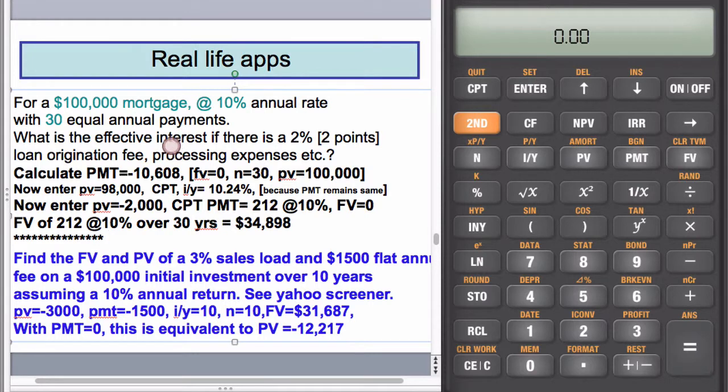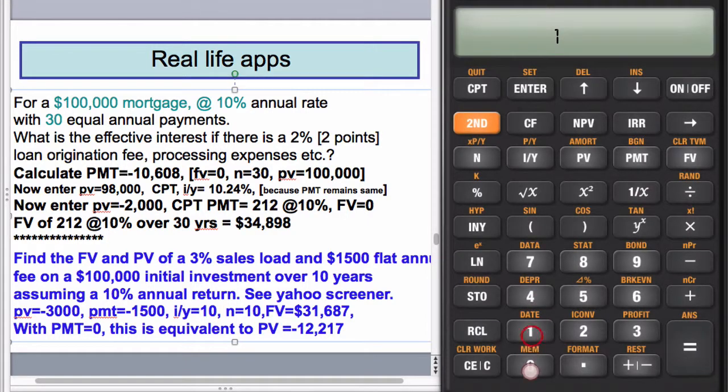But anyway, first thing is, let's calculate the effective interest rate if there's a 2% origination fee. So straight through calculation of your mortgage payment is 10,608. I can show it to you, but it'll just take time here. $100,000 mortgage. $100,000 is your present value.